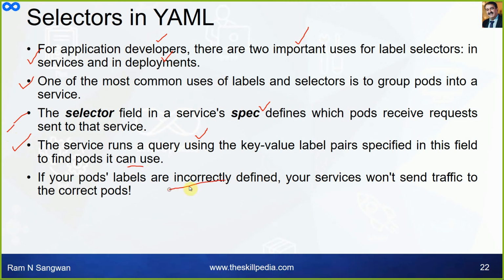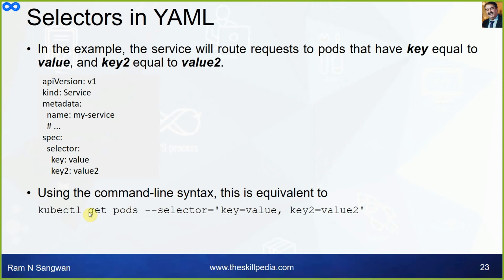If the pods' labels are incorrectly defined, your service won't send traffic to the correct pod. So this is the main way to send the traffic to the right pod. You specify labels in the pod or the deployment, and then you specify the same selector in the YML file for the service object.